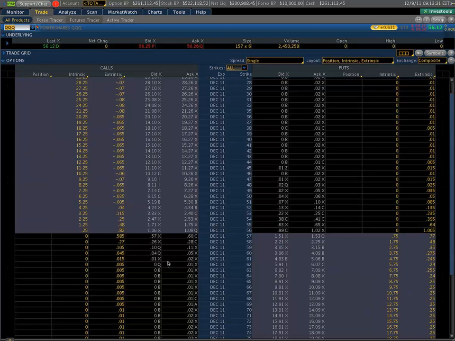An out of the money call has no intrinsic value. In other words, there's no real value in these prices above the strike price: the 57, the 58, the 59, the 60 strike price calls. All of these calls, with prices of 60 cents, 28 cents, 11 cents, 5 cents, and 2 cents, have no intrinsic value.